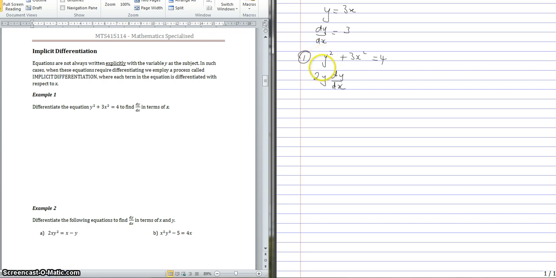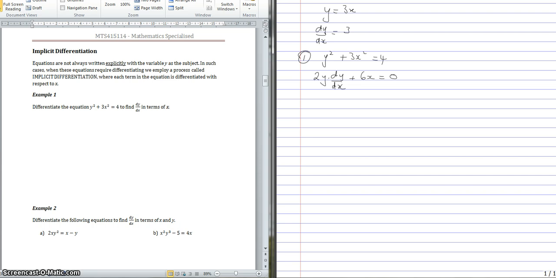So we're really applying the chain rule here: 2 times y, multiplied by the derivative of y, which is dy dx. And then the next one is simple, it's 2 times 3 is 6x equals 0.